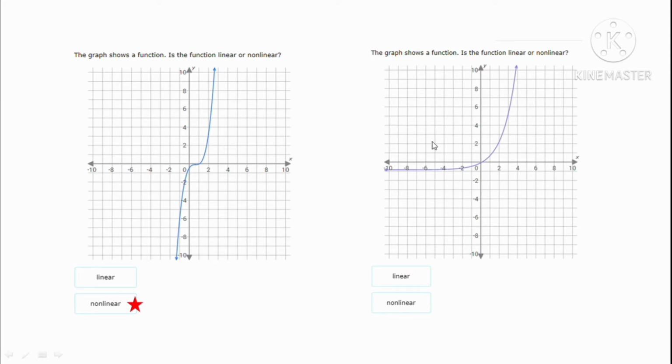So the second picture, is it linear? Not right. You can see the graph, the line here doesn't go straight and it forms a curved line.